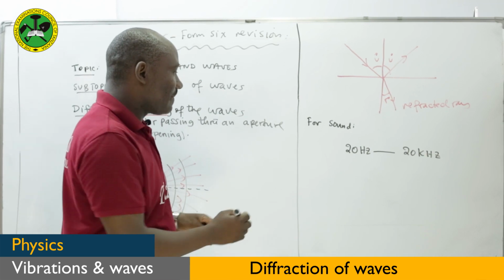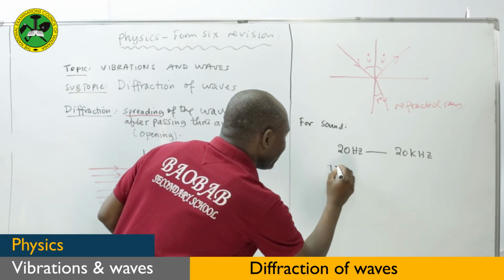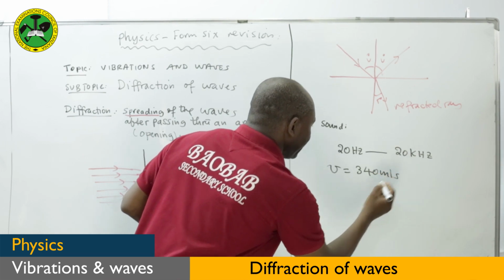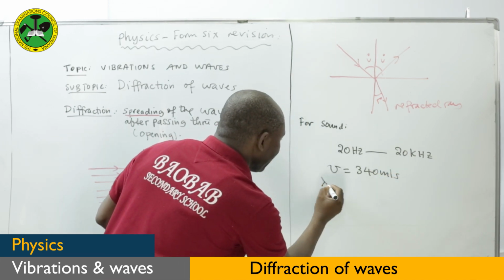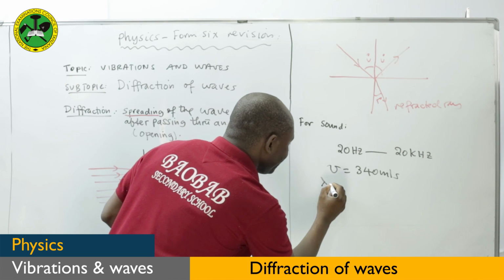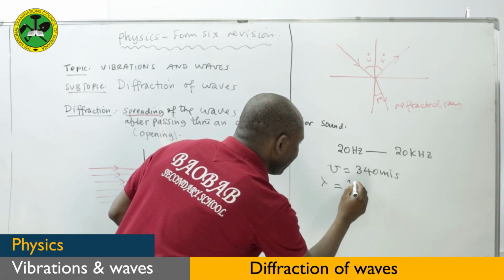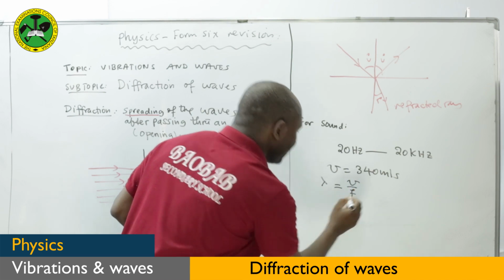Now let's see, the speed of sound in air is 340 meters per second. Let's find the wavelength. The wavelength is given by v over frequency.